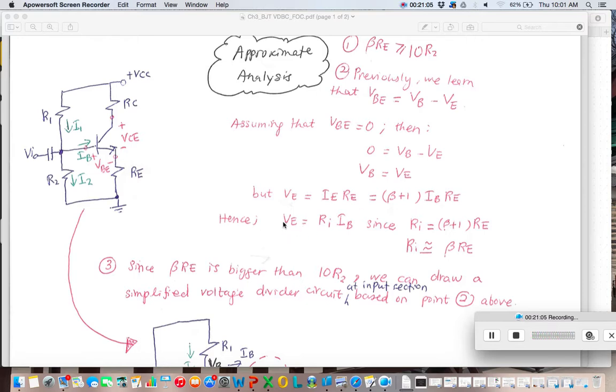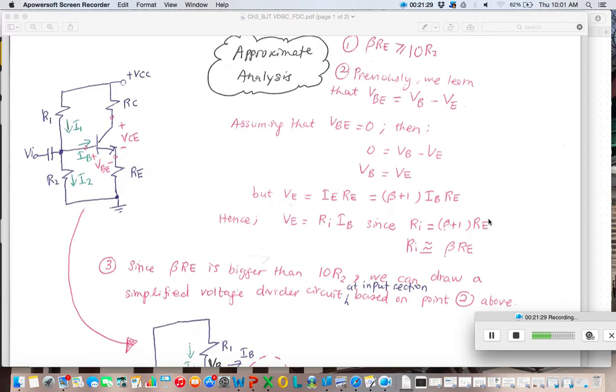So the VE here, we can write down as RI times IB, where RI is beta plus 1 times RE. In this case, RI is assumed to be approximately equal to beta RE. You see?